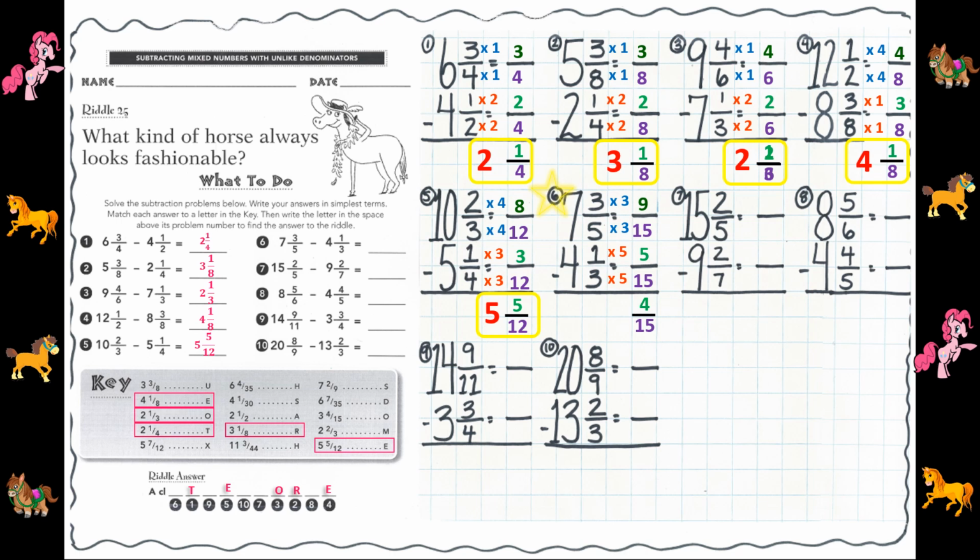I cannot reduce this fraction, so I'm going to subtract the whole numbers. 7 subtract 4 equals 3. The answer to question 6 is 3 and 4/15. This goes with the letter O, so where I see 6 below, I'm going to write the letter O.